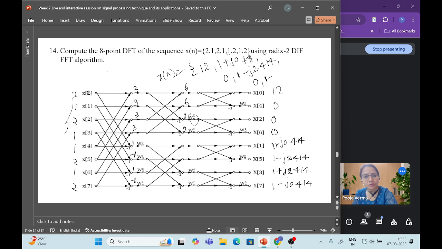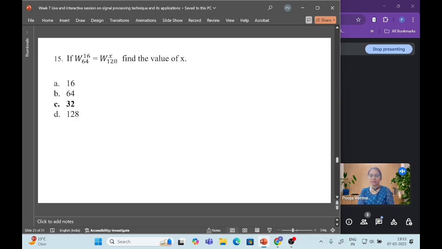Okay, so 5, 1 minus j 2.414, here it is plus. Similarly, 0, 1 minus j 0.414. So this sequence you will get. Okay. So moving to the next question because time is running.